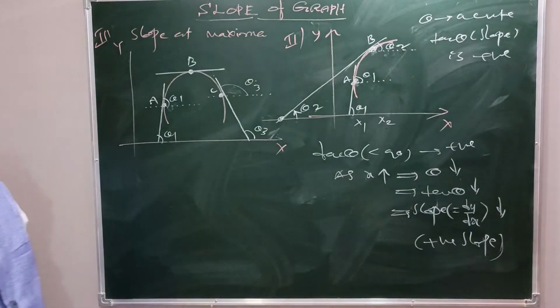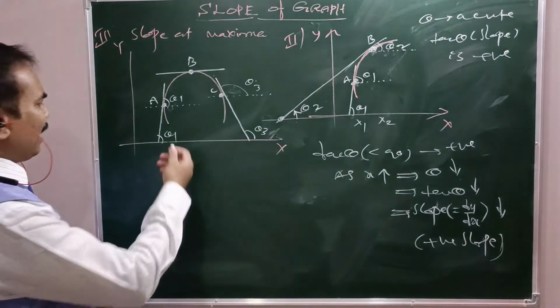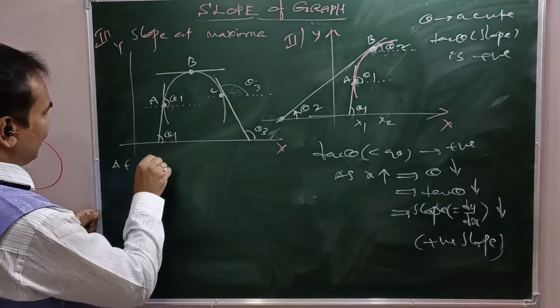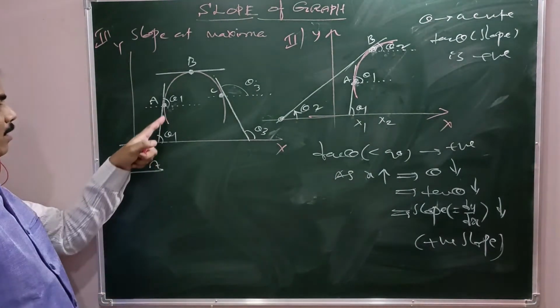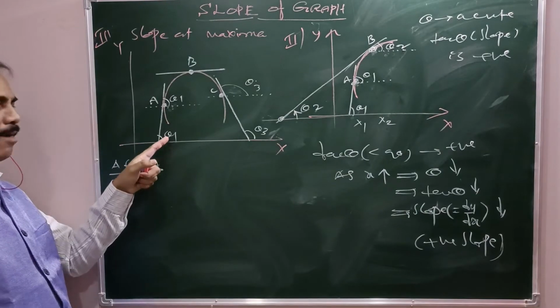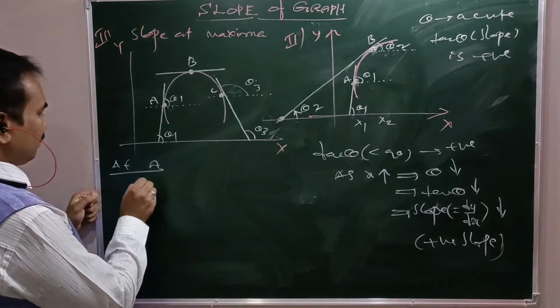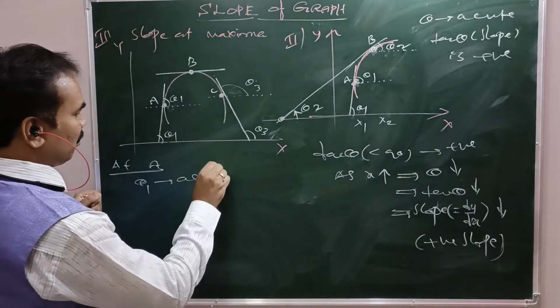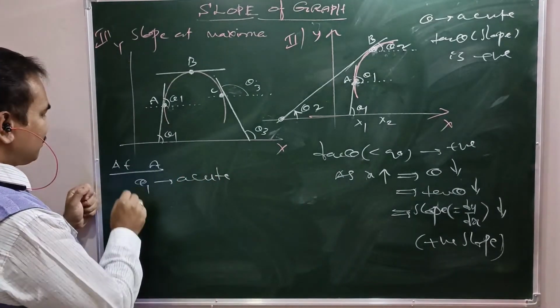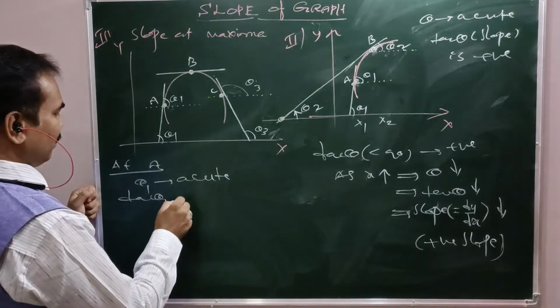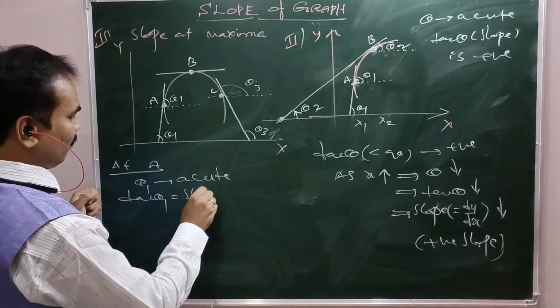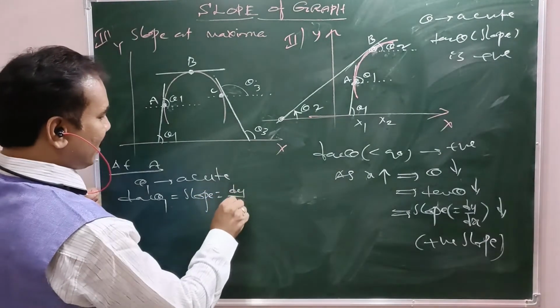Okay. Now, at point A, what about theta? Acute or obtuse? Acute. At A, theta 1 is acute. Theta 1 acute means tan theta 1 is the slope, that is dy by dx.